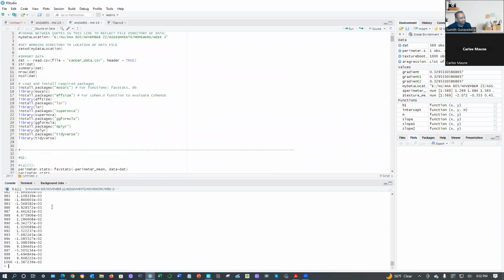Question number 3, based on the cancer data. If you pull out that data and the document, let me see, I'm gonna pull that up. Should be. Yeah, I think I have it.